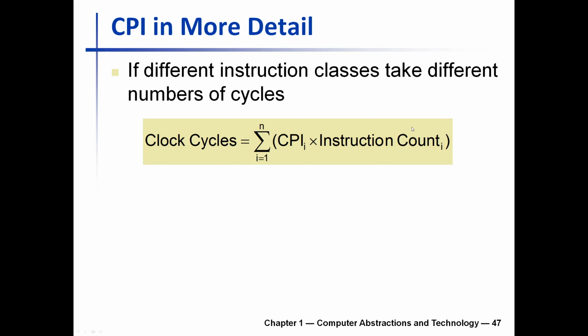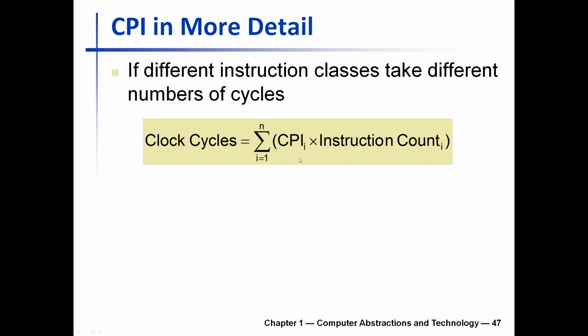So based on that information, we can define these classes of instructions, and those classes of instructions would have their common CPI values, right?